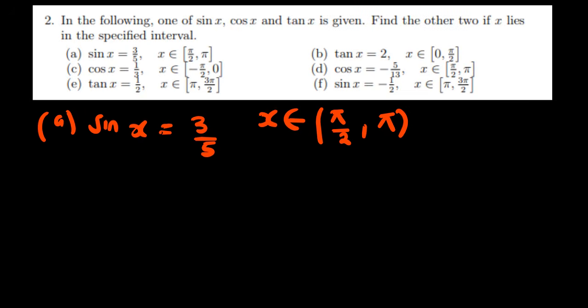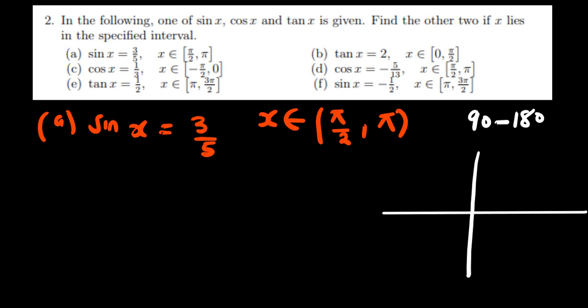Now you're able to see that from 90 to 180, this is the second quadrant. I've brought in the basics of quadrants. We usually denote this as All Students Take Coffee. In this case, all the trigonometric ratios are positive here, only sine is positive here, only tan is positive here, and only cos is positive here.